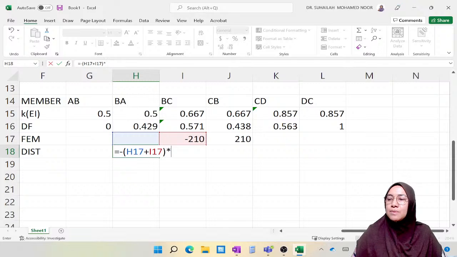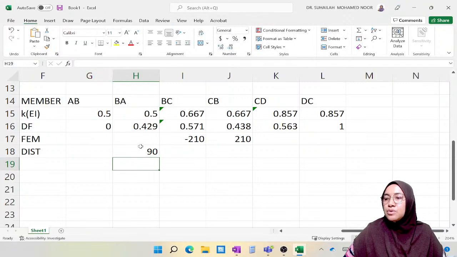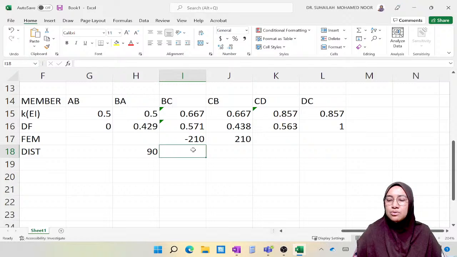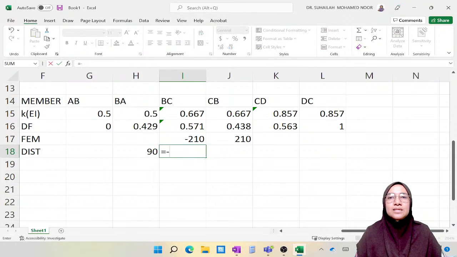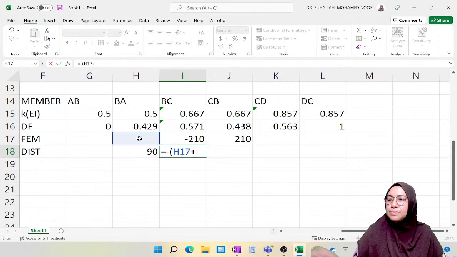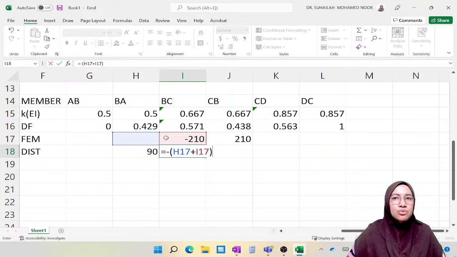I times it with the distribution factor 0.429, so I get 90. We repeat the same process: it is 0 and negative 210, I have put the negative outside, so times the distribution factor.